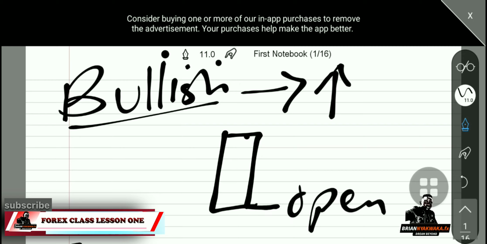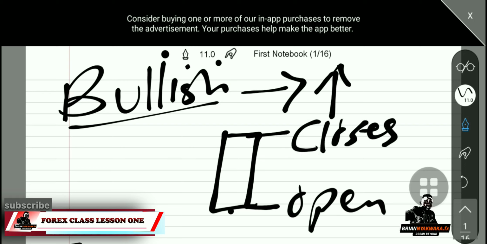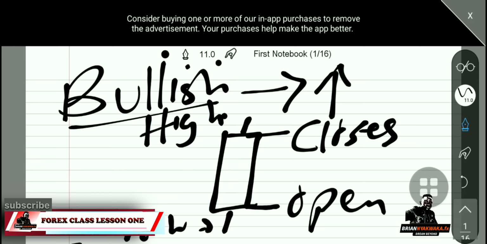This is where the price opens, and then it closes at the top, and the lower and upper wick are constant both in bearish and bullish candlestick. So this is the high and this is the low of the candlestick. So in the real chart, a bullish candlestick can either be portrayed as blue, or it cannot be colored. It is different from a bearish candlestick.